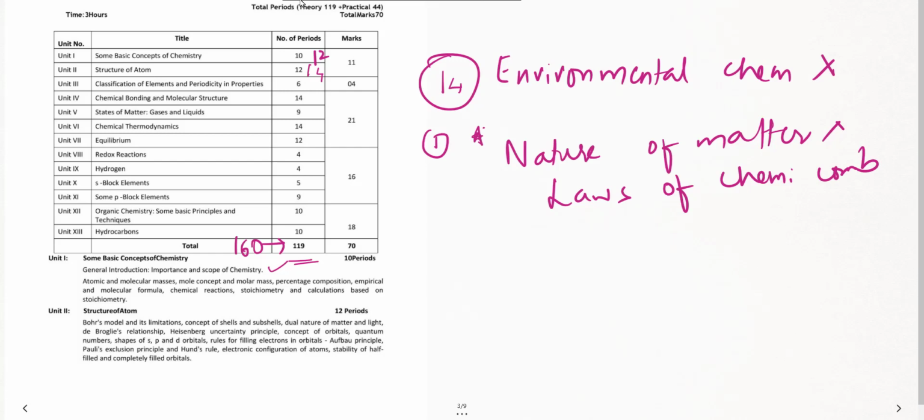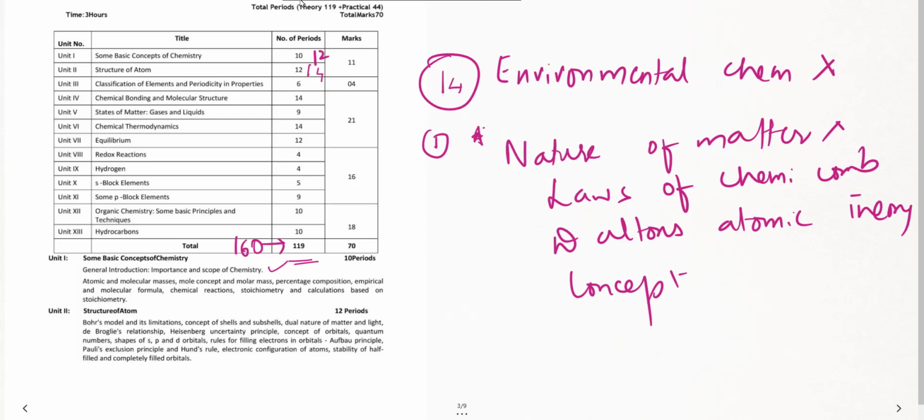After that, concept of elements, atoms and molecules. This also is deleted. So when I have to take the first chapter, this is the deletion. These all topics are deleted from the previous year.